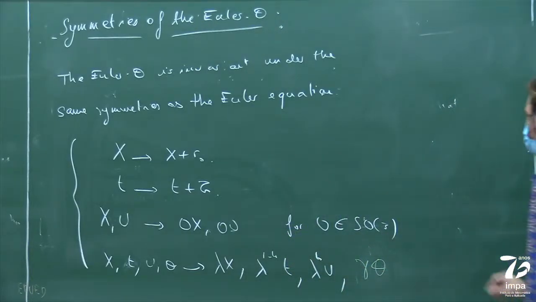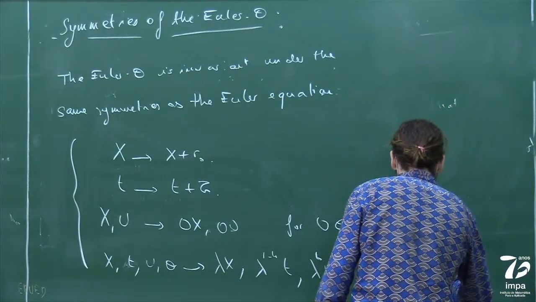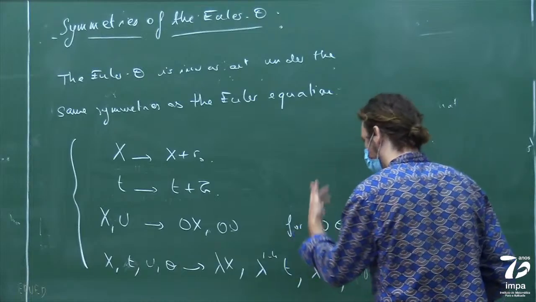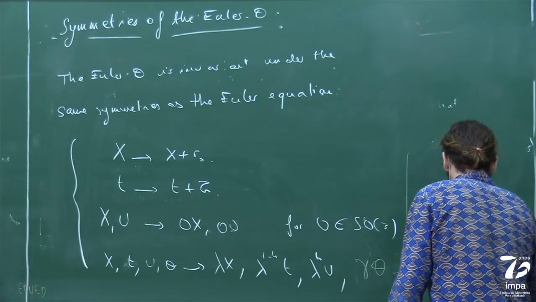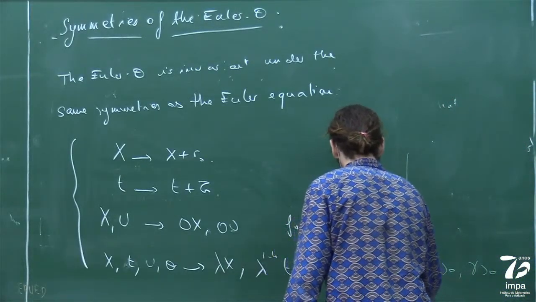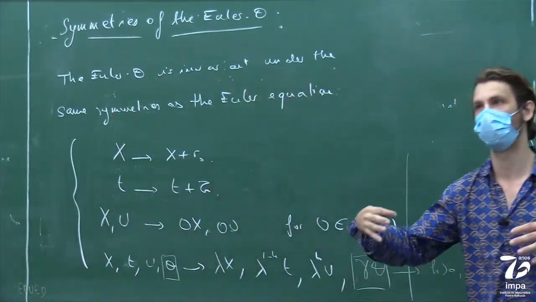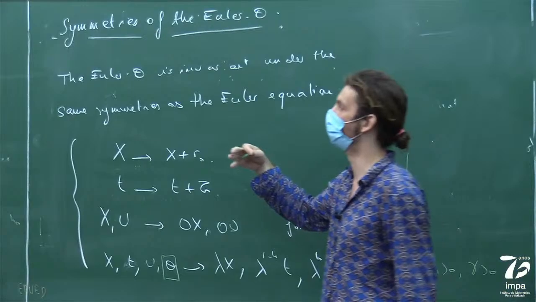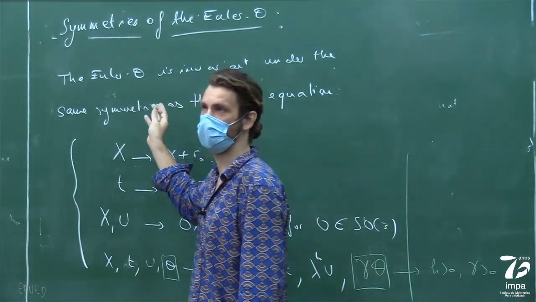So in that case h is taken positive to be simple, and gamma is positive, and they are independent. And this is the only difference between the symmetries of the initial Euler system and the Euler theta system.